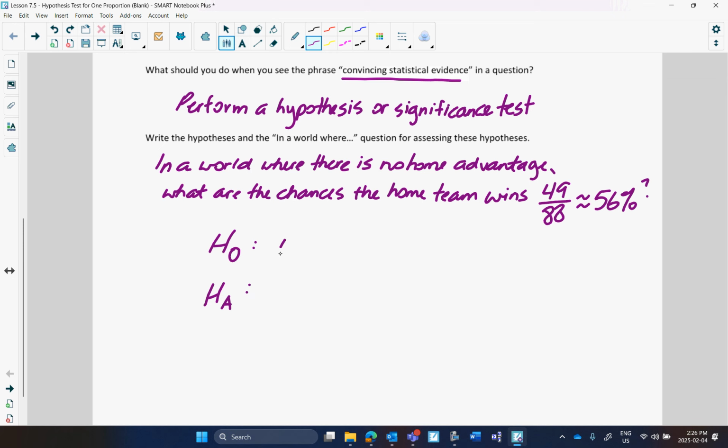So we said that with no home court advantage, the proportion should be 50%. Not higher, not lower, half and half. That's no advantage. But we were trying to test when it was actually bigger than 50%.